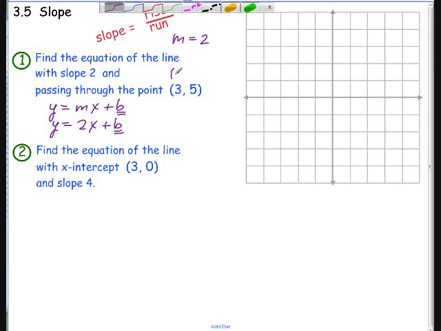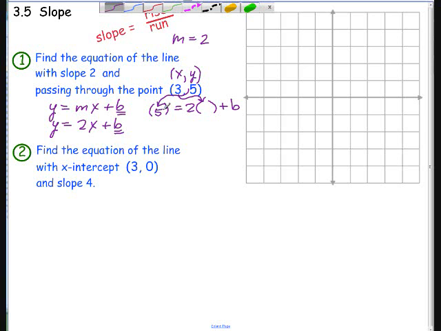And, oh, this is so helpful. Here we've got a value for x and a value for y, which are true in this equation. Let's plug them in. So my y value is going to go there, and my x value here. And when I solve this, I'll know what b is. All right. X goes here, y goes here.